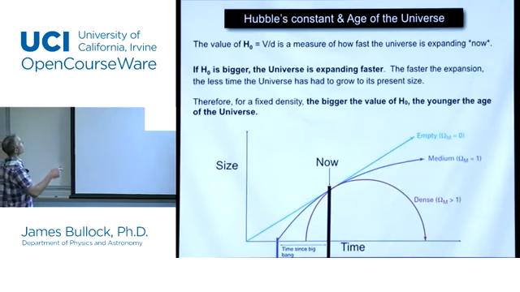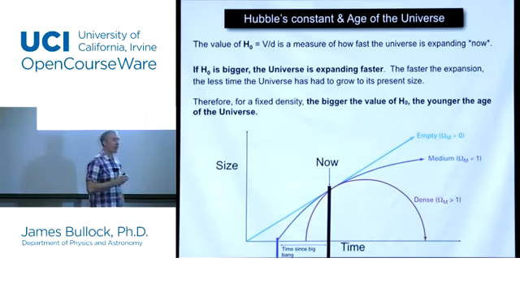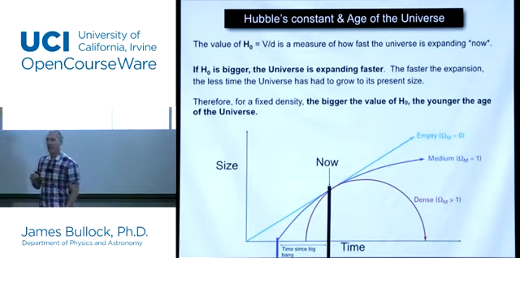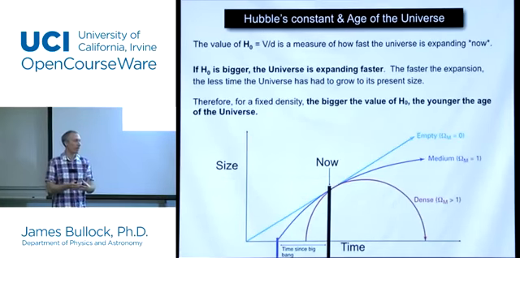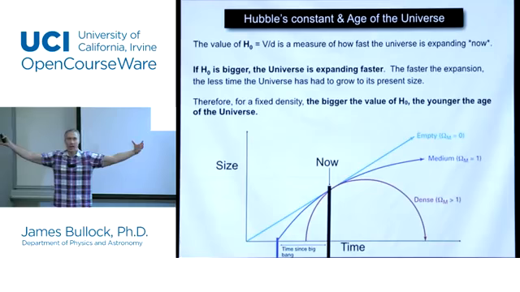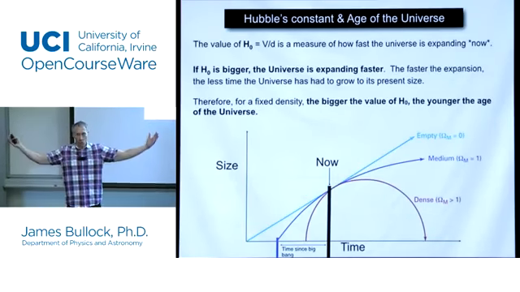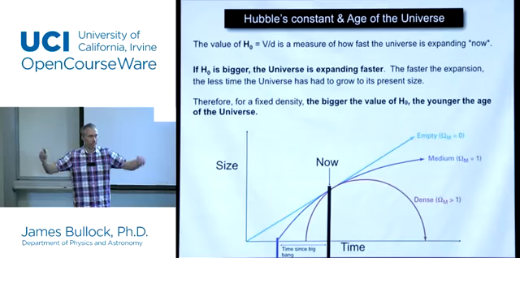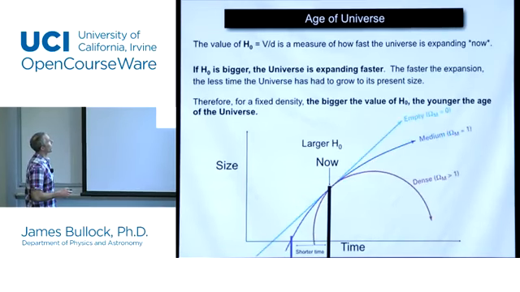Now, the value of H naught is critical, right? And we talked about this last time. The bigger the value of H naught, the faster the universe is expanding, and that means the more recently all the galaxies were together. The faster they're moving, the faster they'll get to the point they are now. So the bigger H naught is, the shorter the time they've been traveling apart. The way to see this graphically is, what if you took H naught and made it bigger?